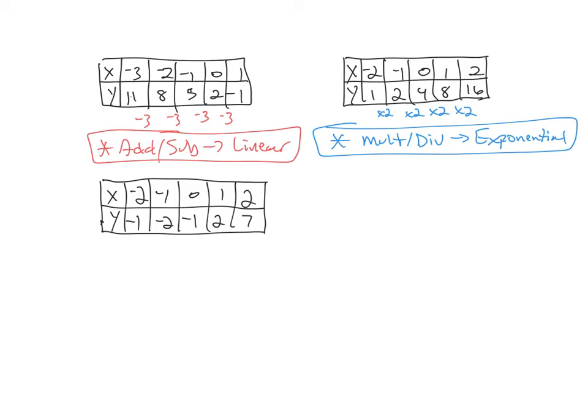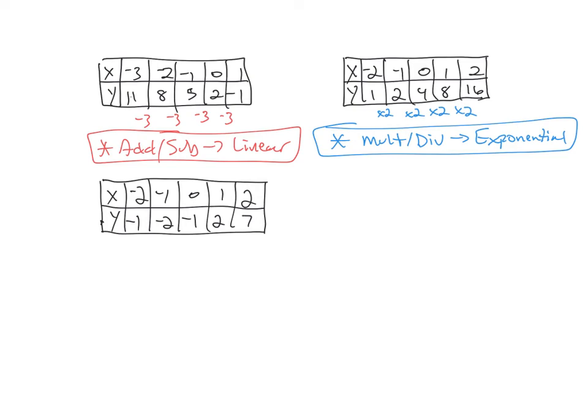All right, so if we looked at these, one thing I notice is it goes from -1 to -2, which means it's getting smaller. But then it goes back to -1, then it goes to 2, then it goes to 7. So it went smaller, and then it got bigger and kept getting bigger. Because it gets smaller then bigger, it's not going to be add, subtract, multiply, divide the same number each time.